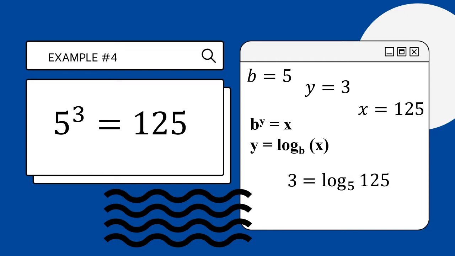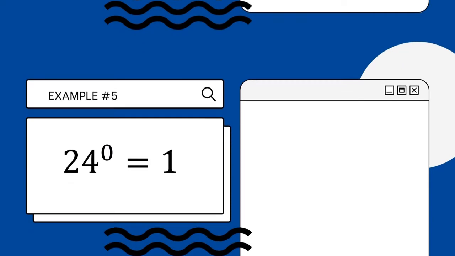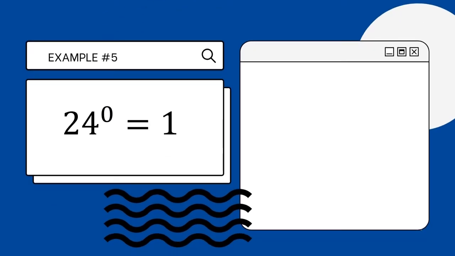And for the last example, we have 24 raised to 0 is equal to 1. Remember, in exponent, any number or variable raised to 0 is always equal to 1. Let's find out the value of b, y, and x. Our b value is 24, y is 0, and then x is equal to 1.